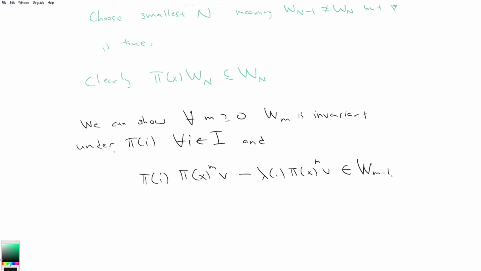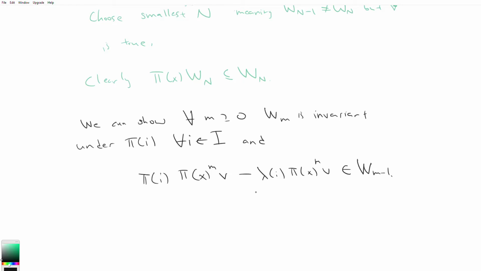So it'll be clear how all this comes together, but what I want you to see here is that pi of I acting on pi of x to the m v, and then you subtract off lambda of I acting on the same thing. If you subtract that off, you send that vector, you send pi of x^m v, which is an element of W_m, you bump it down into W_{m-1}.